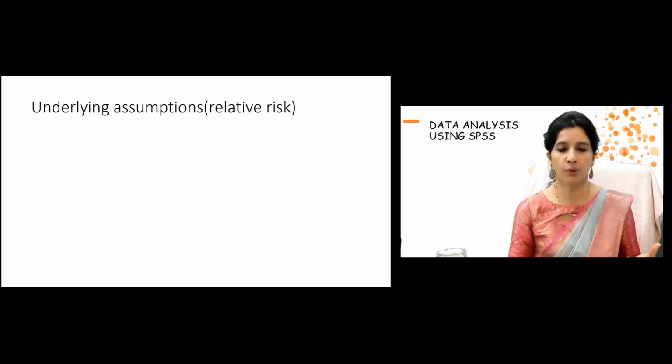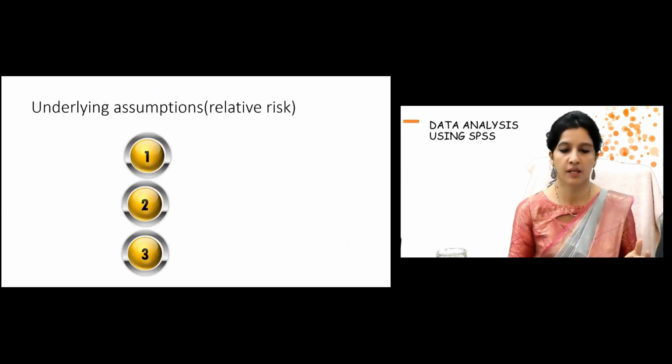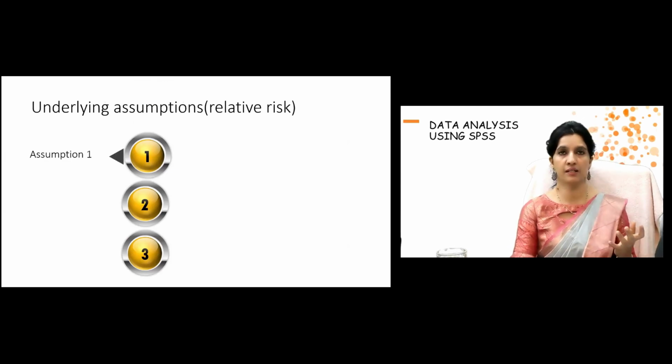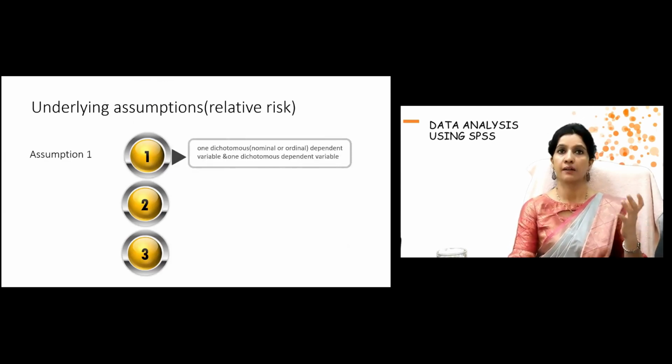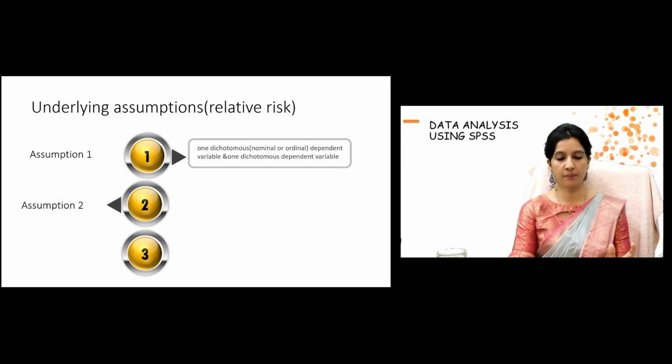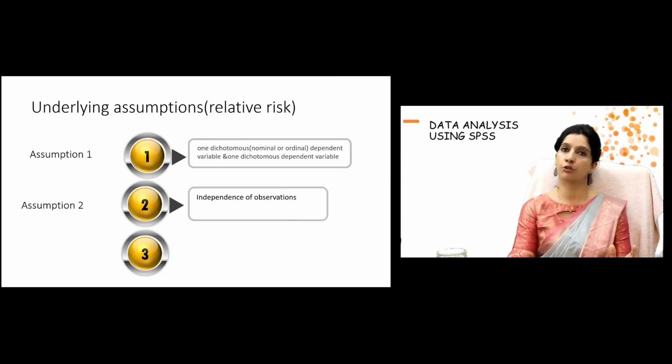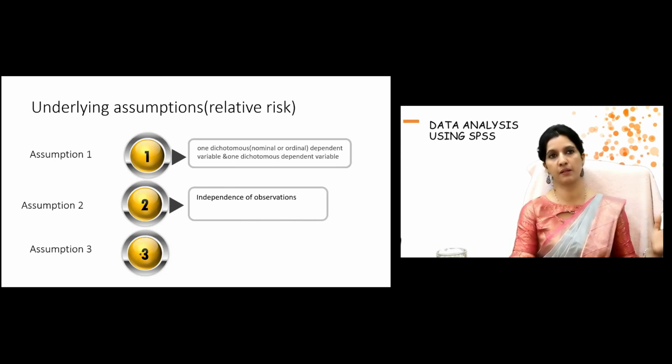So what are the underlying assumptions of relative risk? The first assumption is that there should be one dichotomous variable and another dichotomous variable, so both variables should be dichotomous in nature. The second assumption is independence of observation, as we have seen in all these chi-square and crosstab tests.